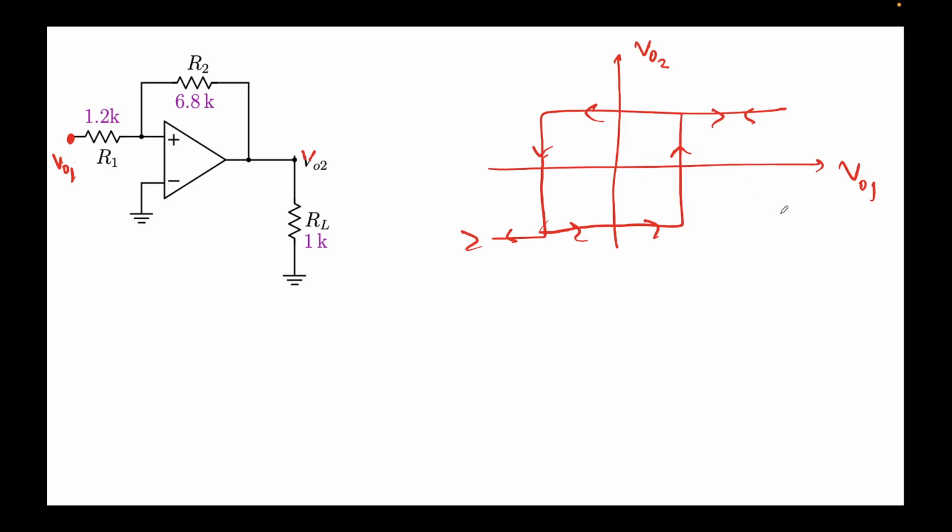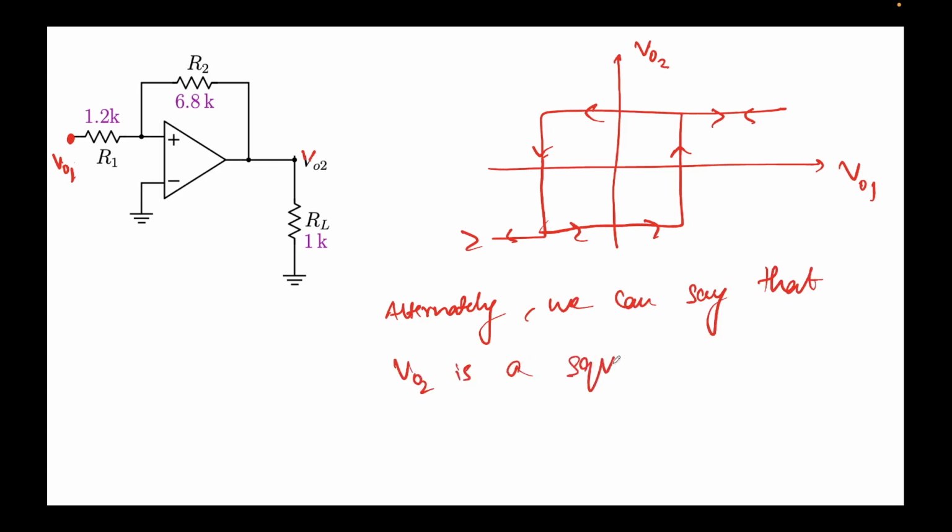Now in terms of V01, what I can also draw is that you can see that it's either low or high. There are no middle stages. What this means is that, alternately, we can say that V02 is a square waveform.